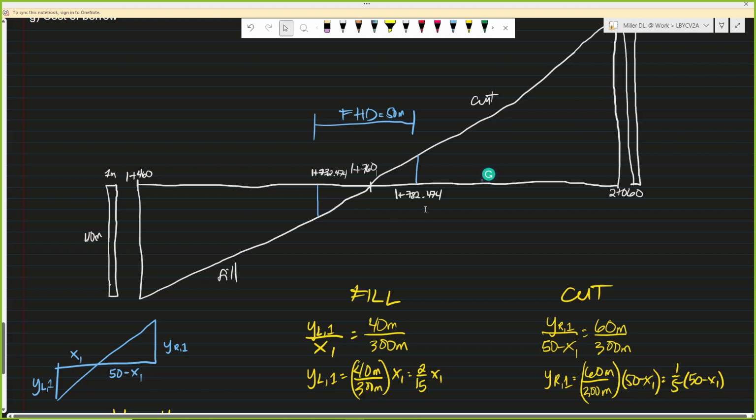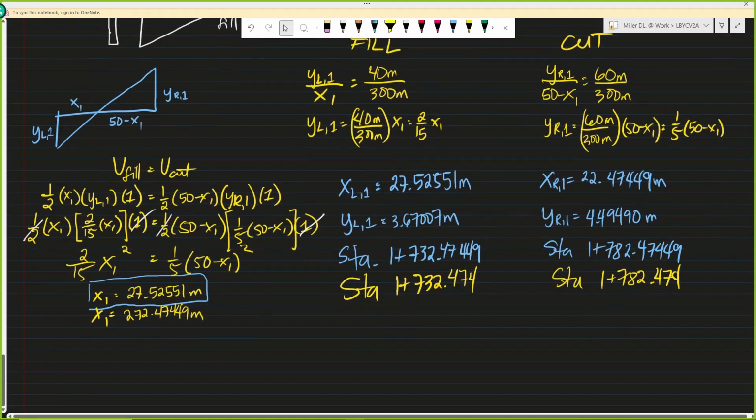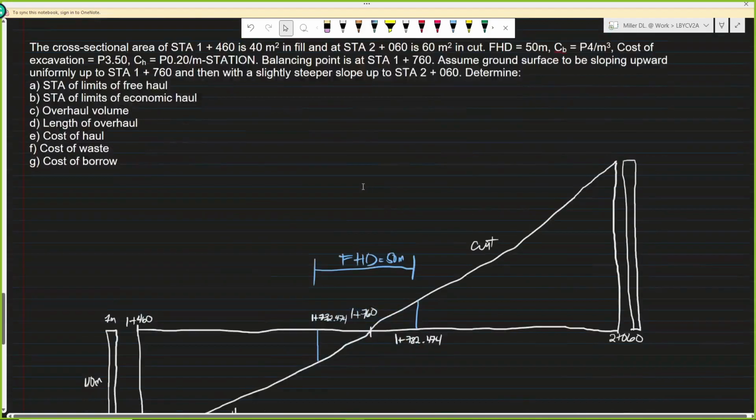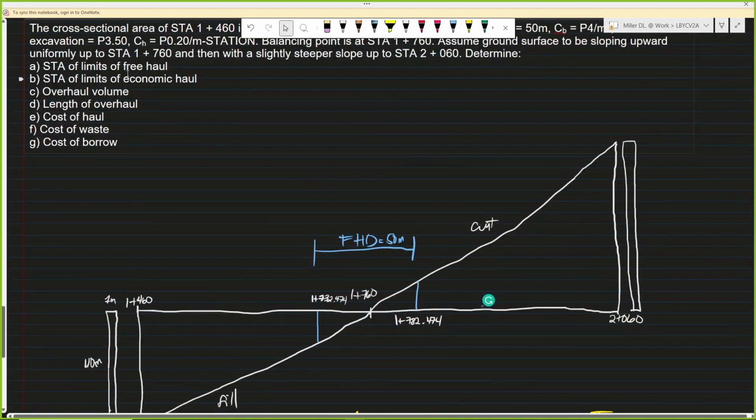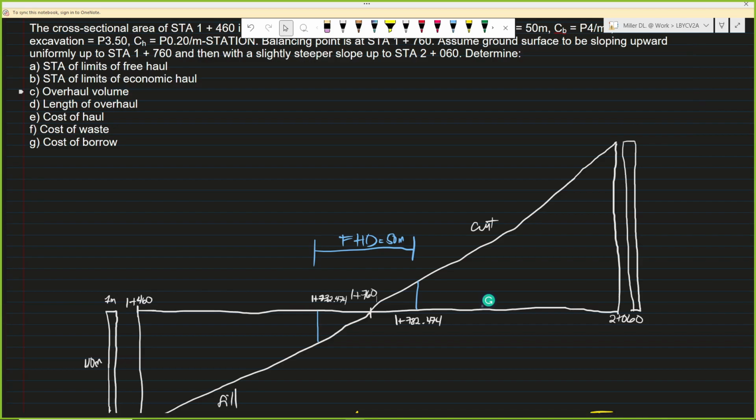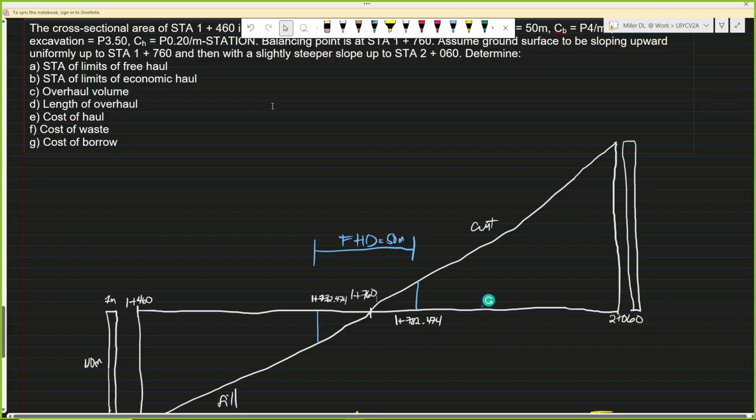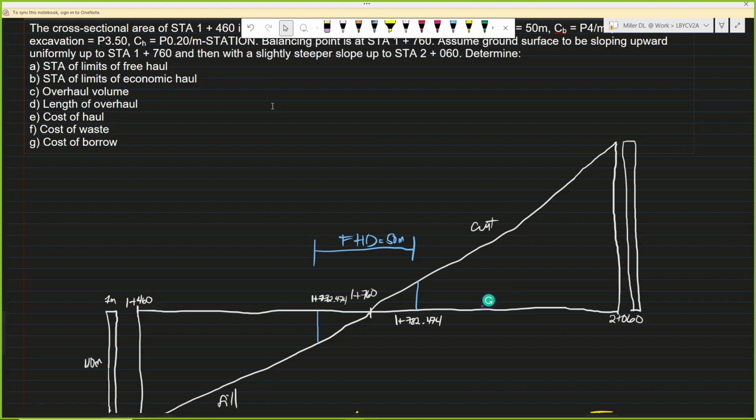Next, meron na tayong stations ng free haul. Next naman is economic haul. Pag sinabi nating economic haul, it is the limits kung saan profitable or economic pa ang maghukay at itambak within the project. Okay?